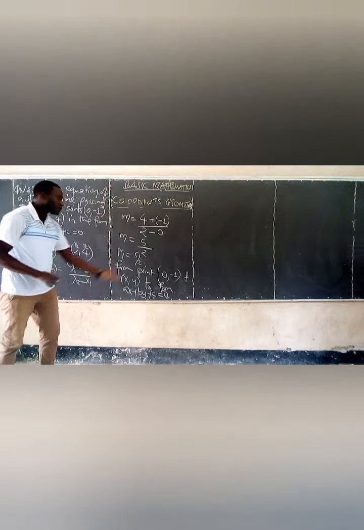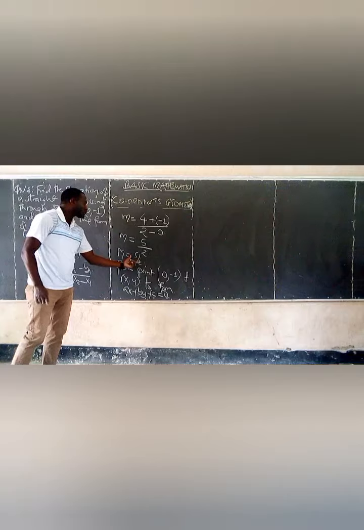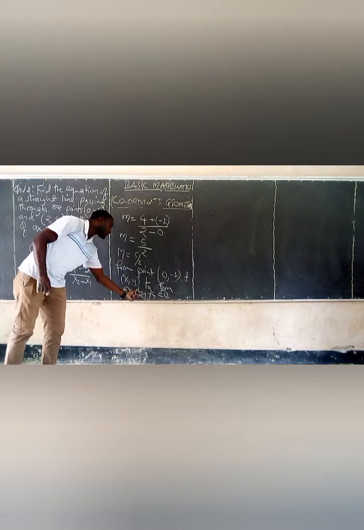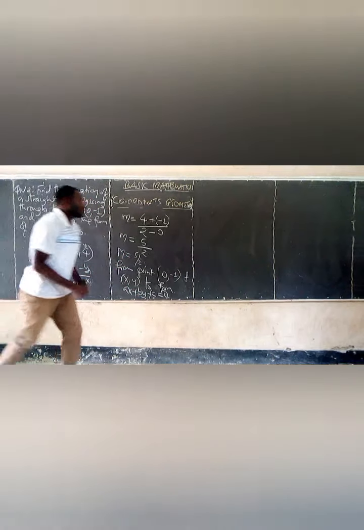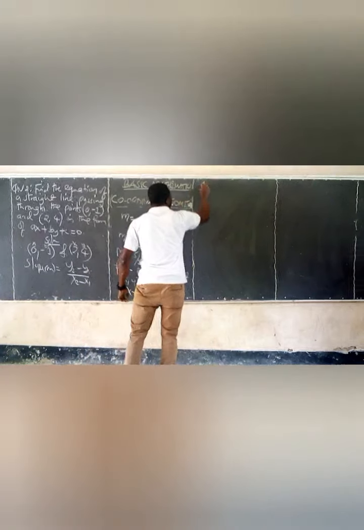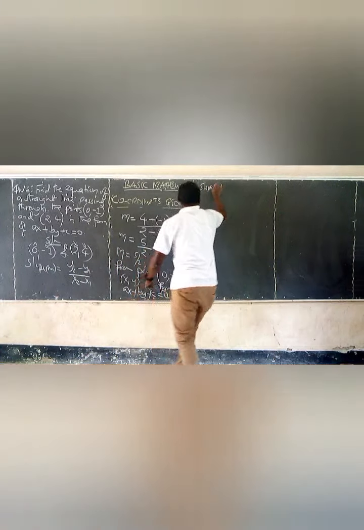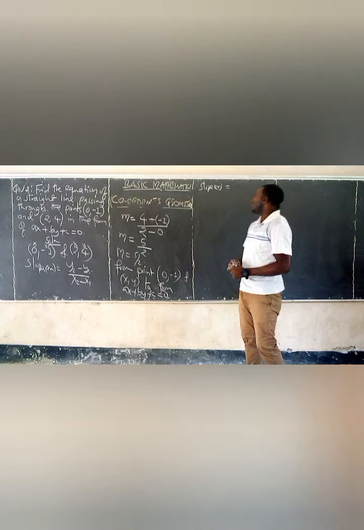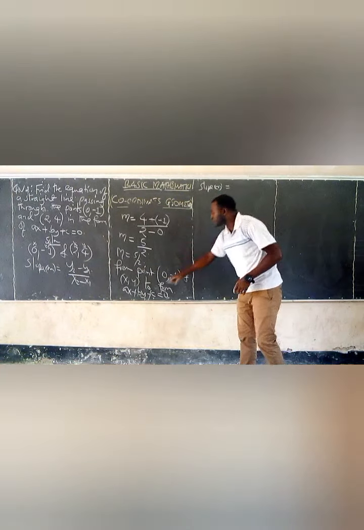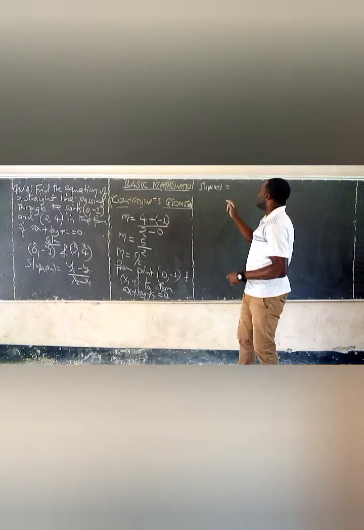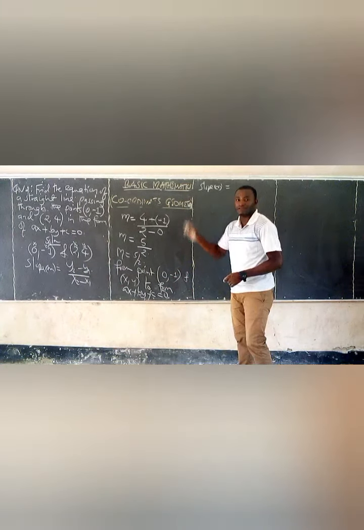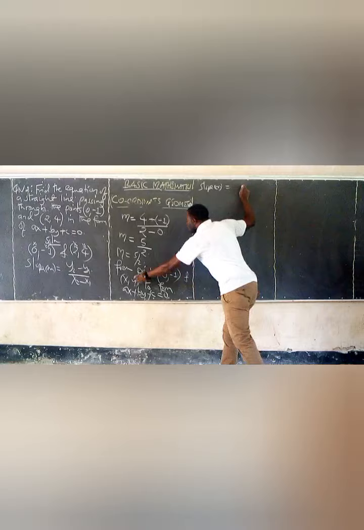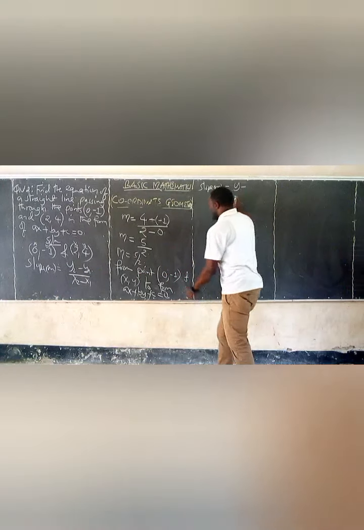Then remember, we are going to use this obtained slope here to form the equation this way. We say from slope again, m is equal to change of y over change of x. But once you are going to form the equation of the line, instead of writing change of y, which we know is equal to y2 minus y1, we take y2, which is y, then minus y1.